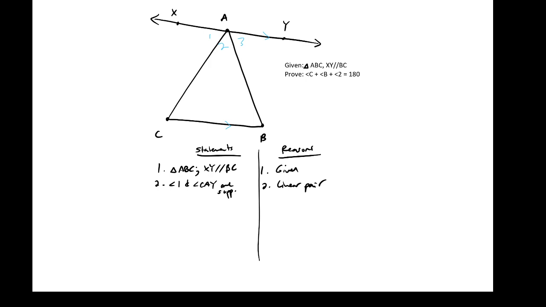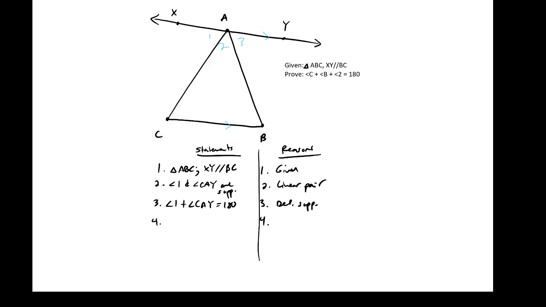Now, supplementary angles, we know by definition, have a sum of 180. So we can say that angle 1 plus angle CAY is equal to 180 degrees, and that's our definition of supplementary angles. Now within CAY, it's constructed, because remember, we said 1 plus 2 plus 3, but we can't just say for whatever reason we like they're equal to 180, because there's no distinctive rationale.